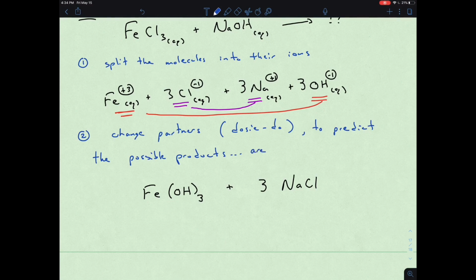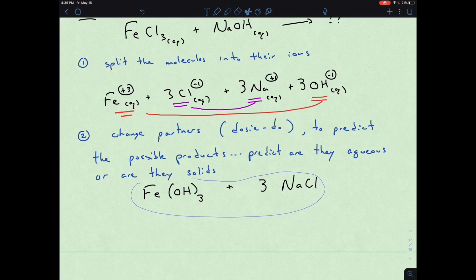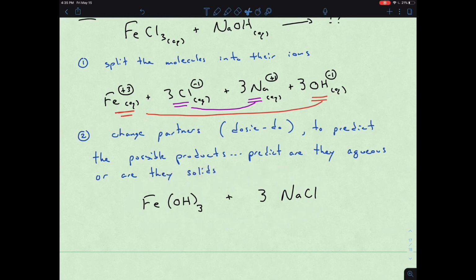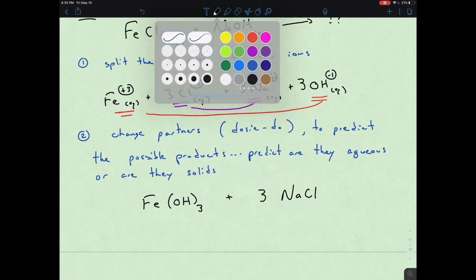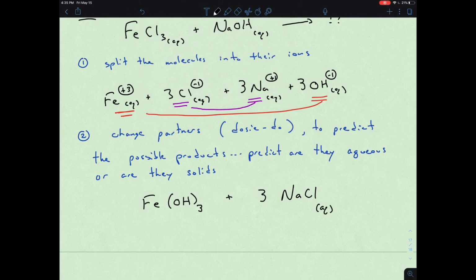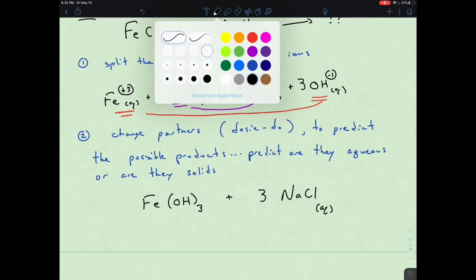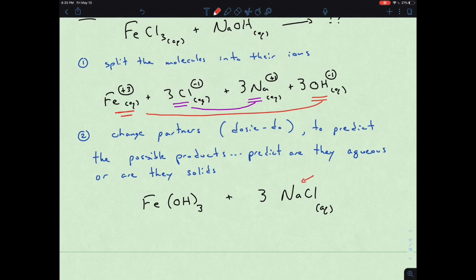And then what we want to do is predict: are they aqueous or are they solids? And if we go to our sodium chloride, we would have something that's aqueous. Sodium is a group 1A metal.